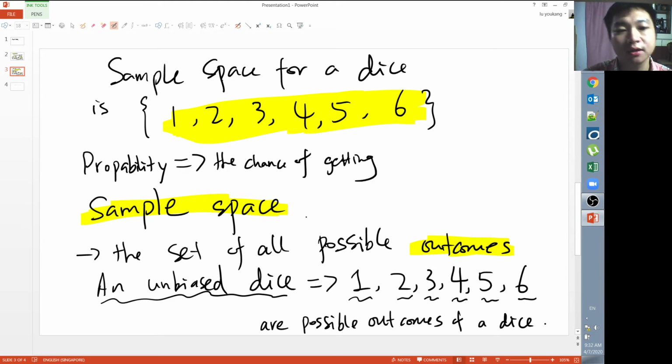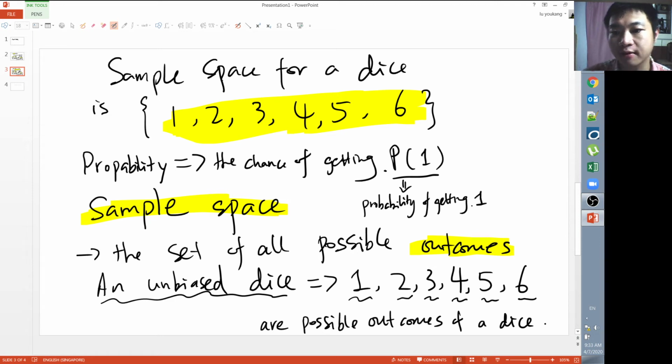So let's say the question asks what's the probability. Remember the notation: the probability of getting a 1. That's how you represent it.